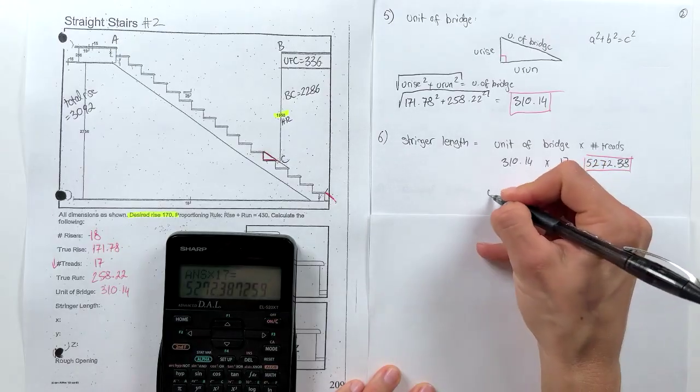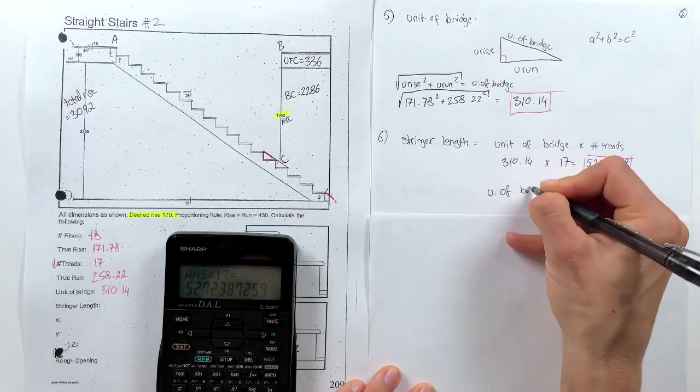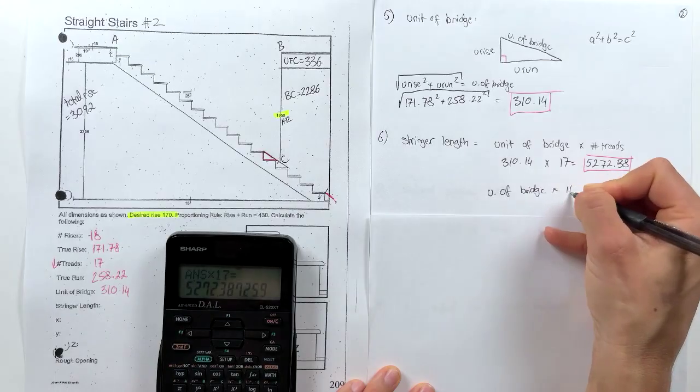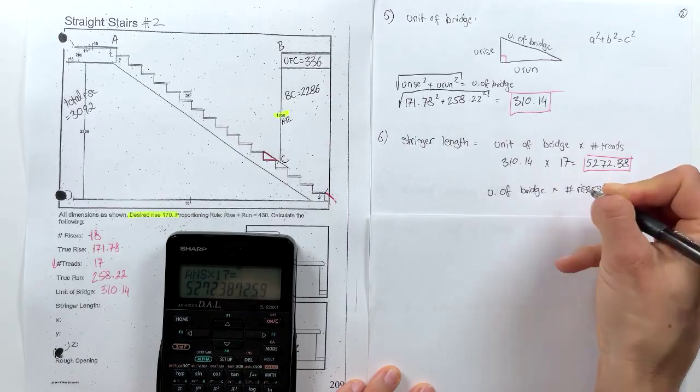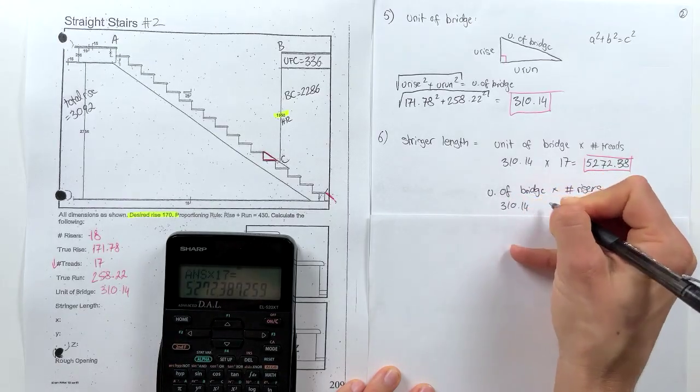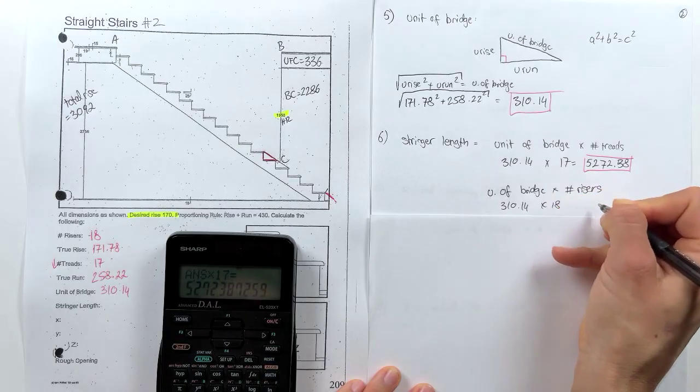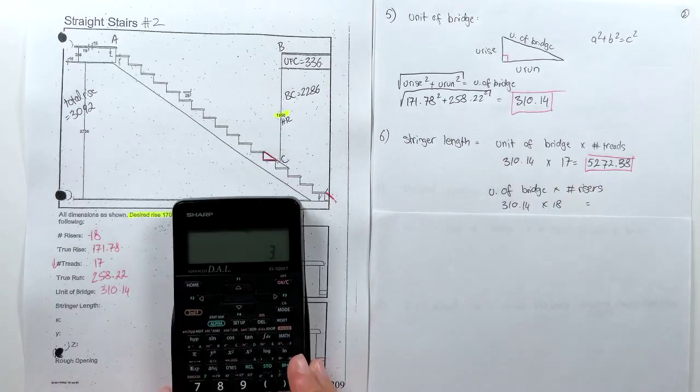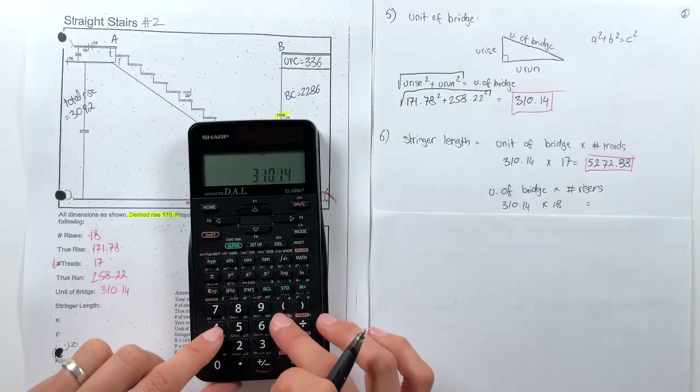So here's the alternative: unit of bridge times number of risers. So 310.14 times 18.